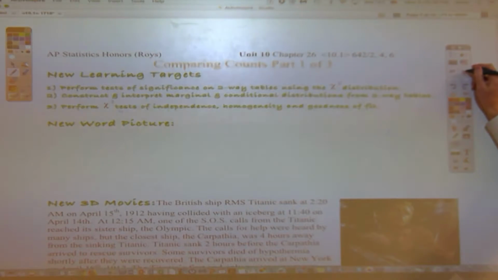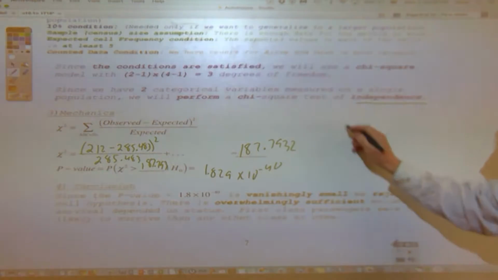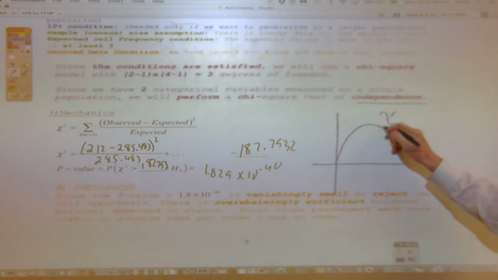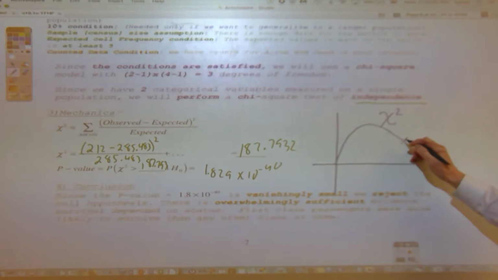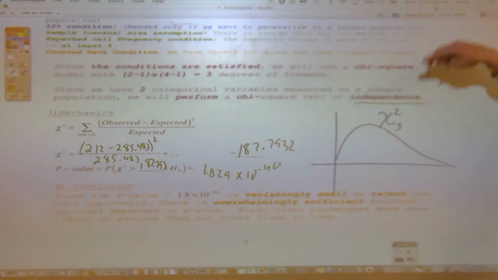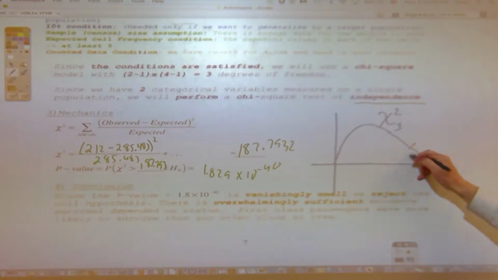So, yeah, now I remember we filled that in. Would you please draw a picture of the chi-square distribution labeled chi-square with a subscript of 3? It's a chi-square distribution. The 3 subscript indicates we have 3 degrees of freedom.